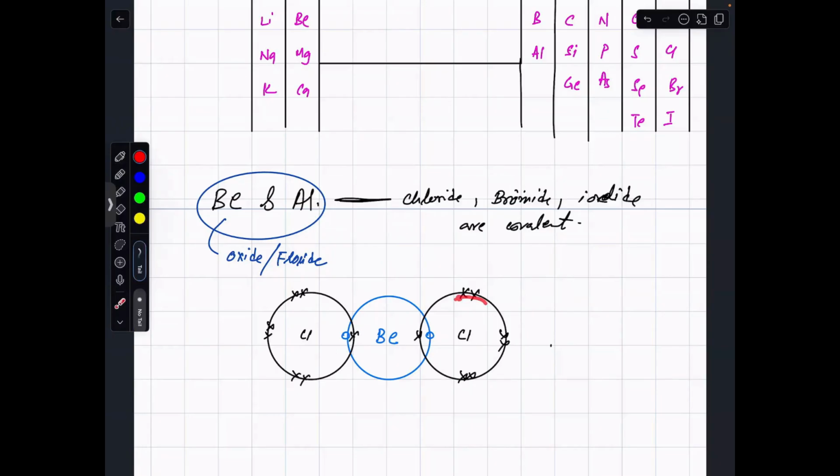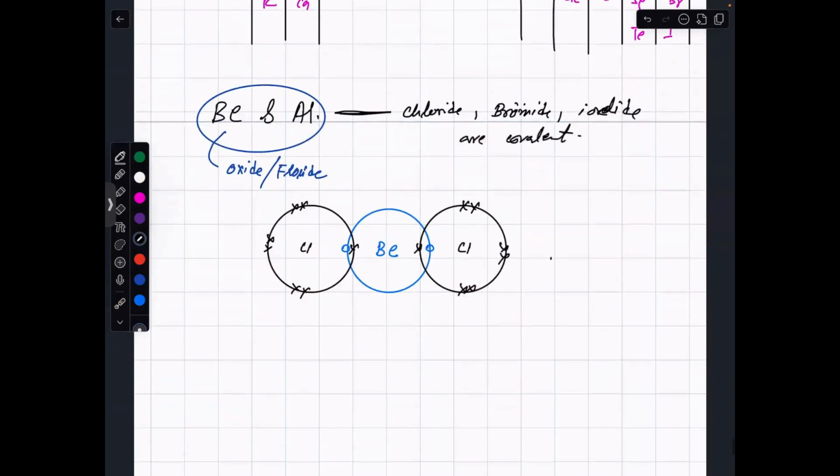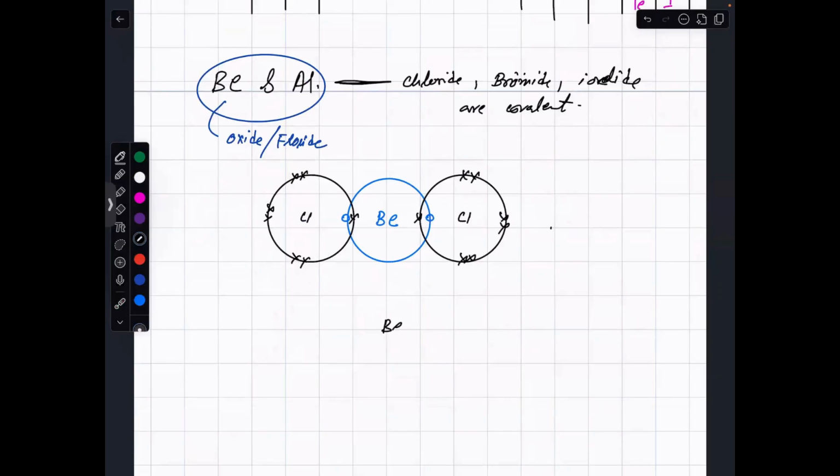If you see, there are 8 electrons, complete. But if you look at the last shell of beryllium, there are 2 shared pairs. There is no lone pair. They're equally repelling each other. And they're at the maximum separation of how much angle?